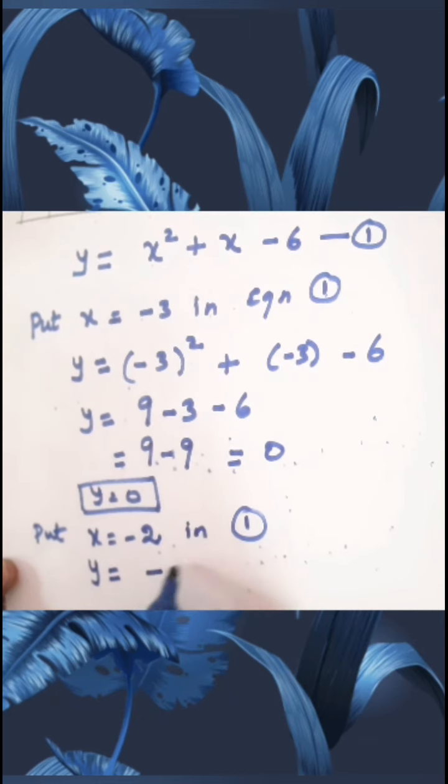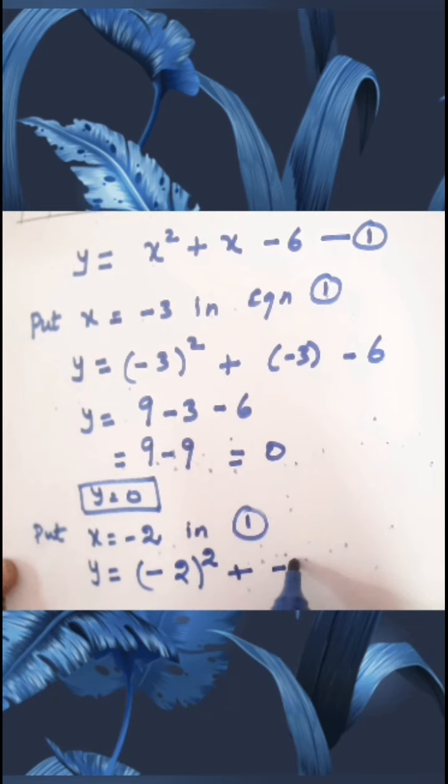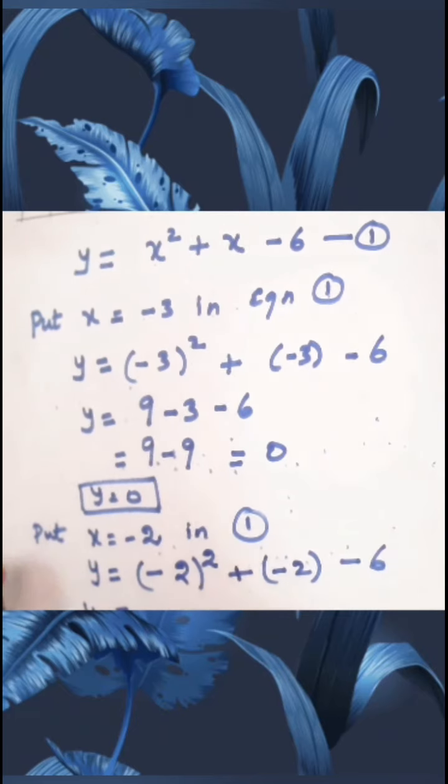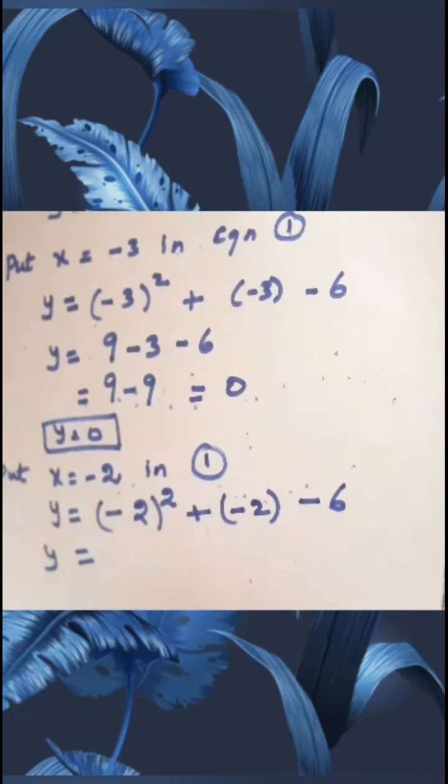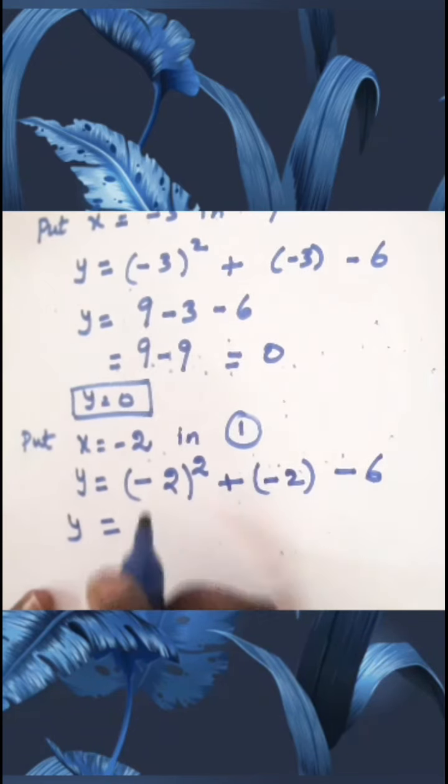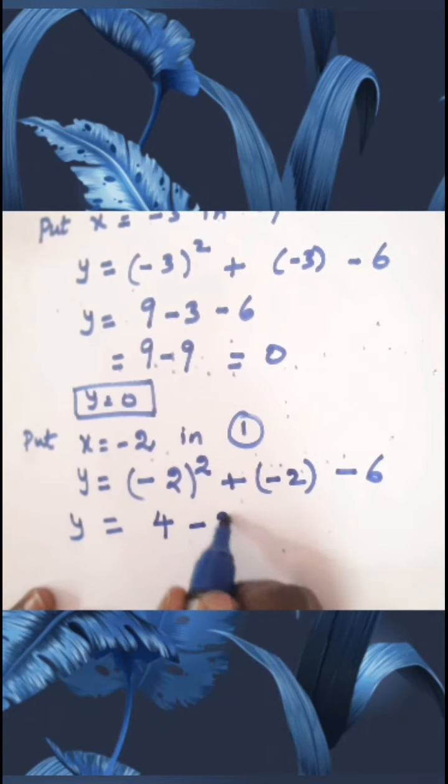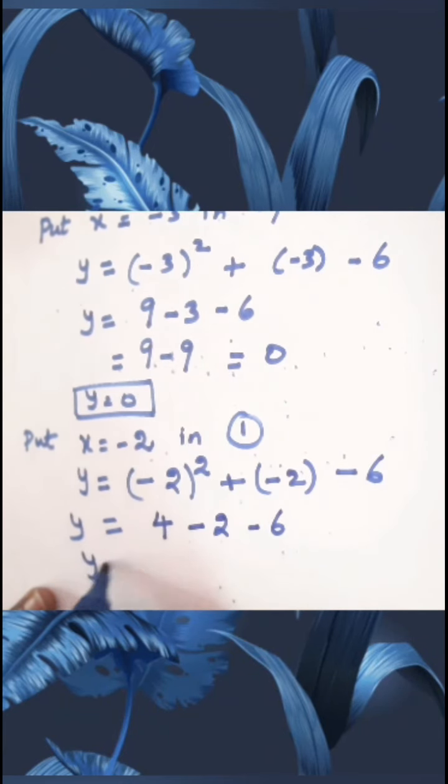y is equal to minus 2 the whole square plus minus 2, because x is negative 2, minus 6, which is equal to minus 2 the whole square, which is nothing but positive 4, minus 2, minus 6.